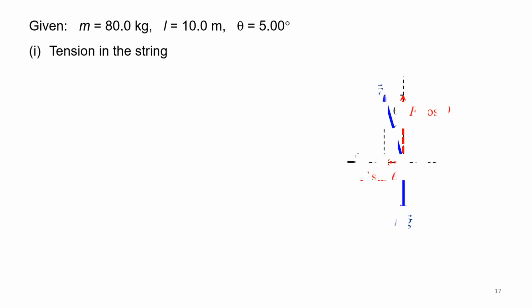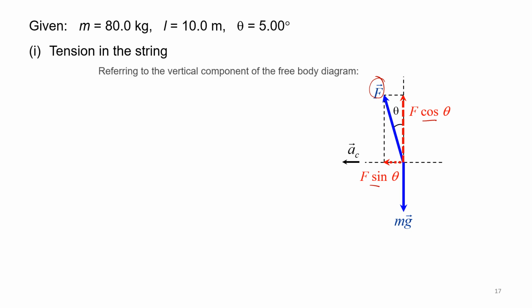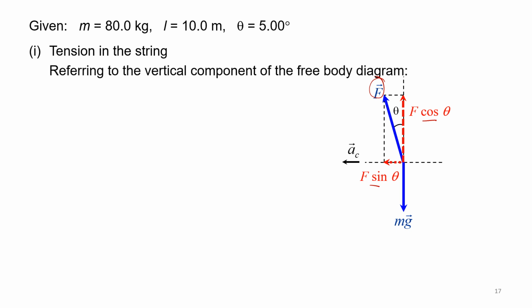Okay, now look at the free body diagram. You can see that the force is a two-dimensional force, so we need to resolve the force. So we have F cos theta for the y component and F sin theta for the x component. Referring to the vertical component of the free body diagram, we have two forces, F cos theta and mg.